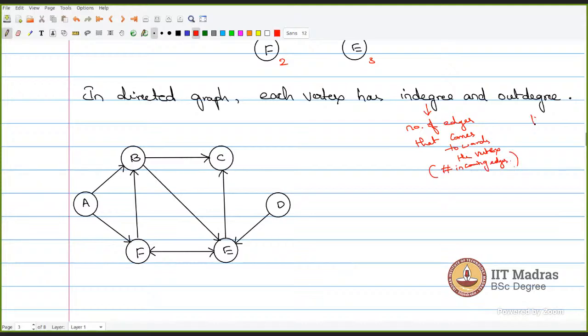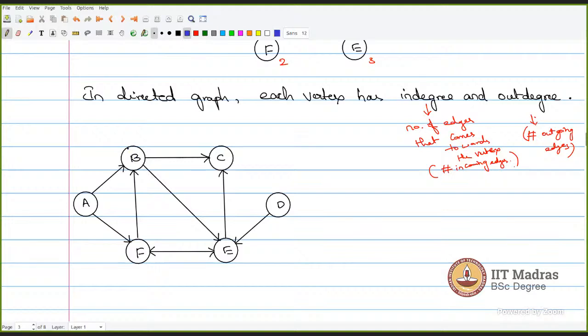And this is the number of outgoing edges. So every vertex will have a number of incoming edges and a number of outgoing edges. Let us compute the in degrees of every vertex in this graph. This is a directed graph.